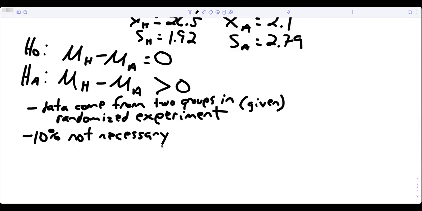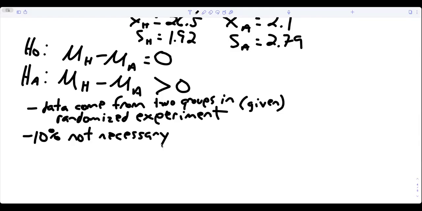Okay, so make sure. For example, on the AP exam, you cannot say that it is a simple random sample if it's not even a sample. If it's an experiment, then you have to say it's an experiment, okay, 2 randomized groups. Yes. Yeah, you still have to say it's independent.